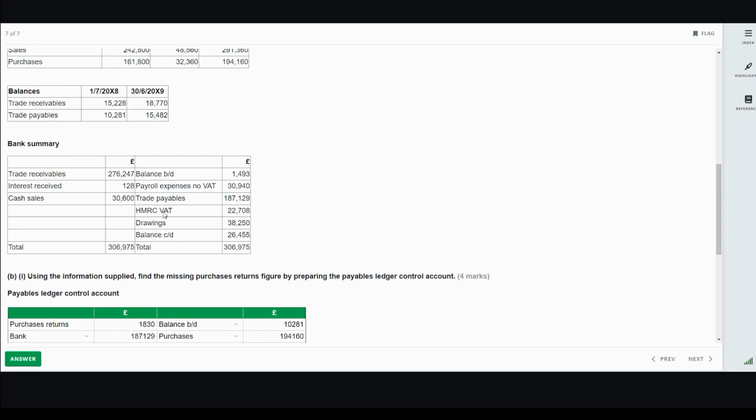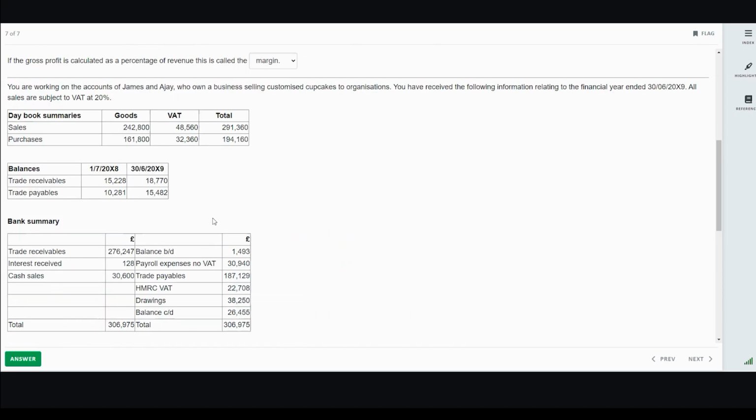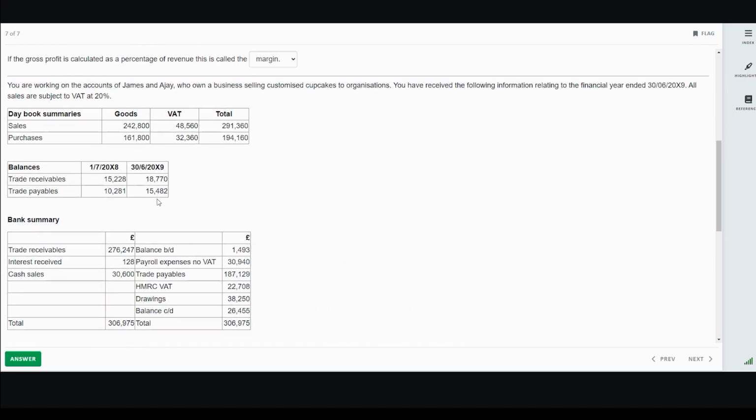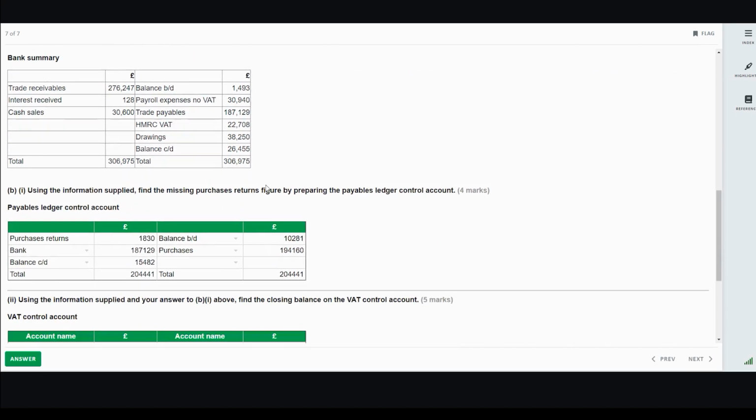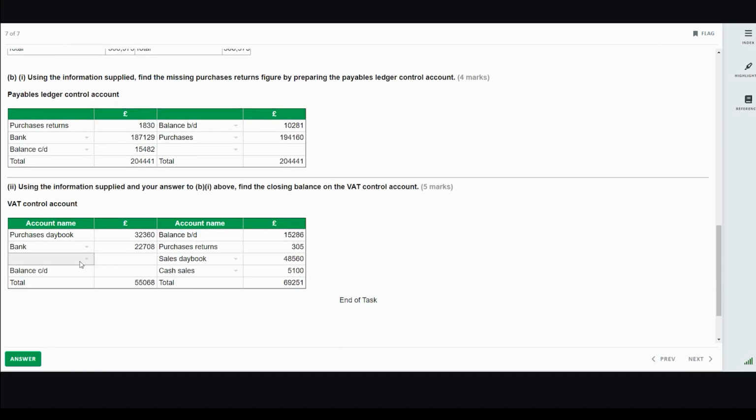There'll be no VAT on drawings. So that should be it. We've got 69251 minus 55068, which equals a balance carried down here of 14183.